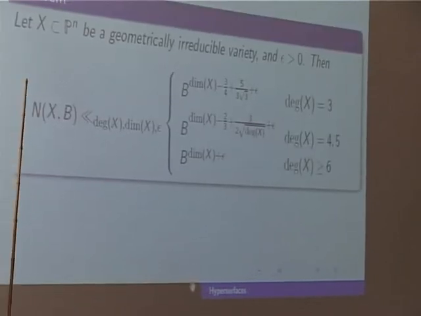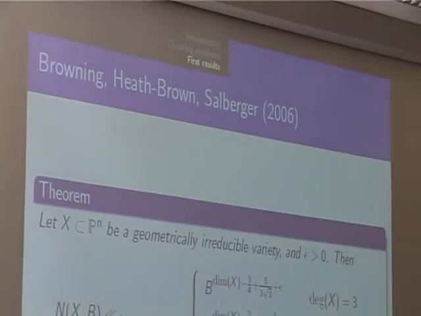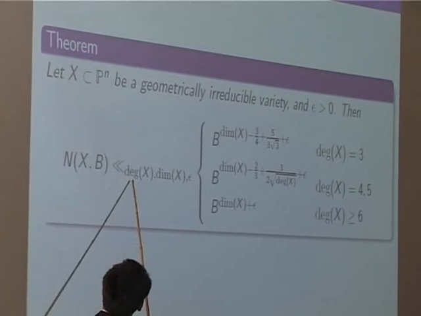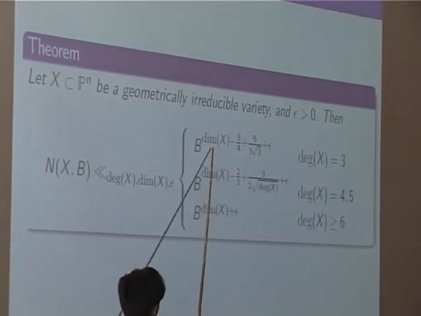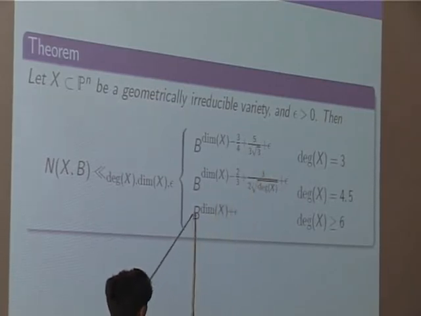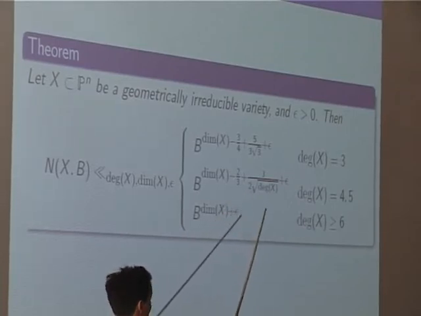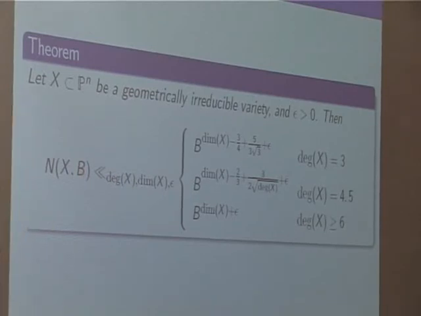So you can push these things using sophisticated fibration methods to prove these kinds of results, uniform bounds depending on degree, dimension, and epsilon. It's still not very good here, but here it's down to dimension plus epsilon rather than dimension plus delta, 1 over the degree for larger degrees. And finally, so that's it. So this is what I wanted to put down.